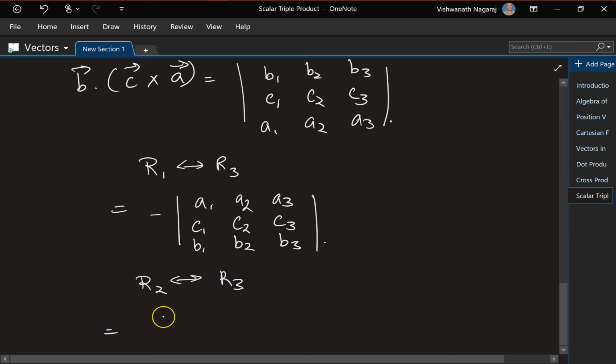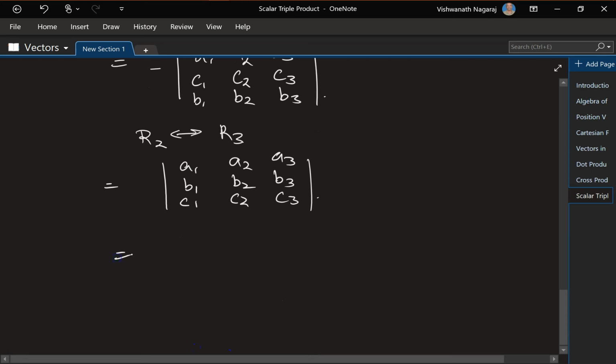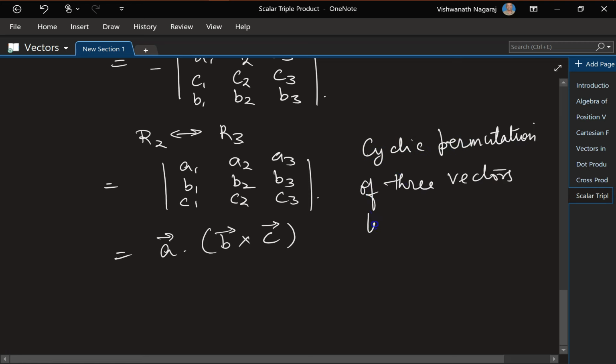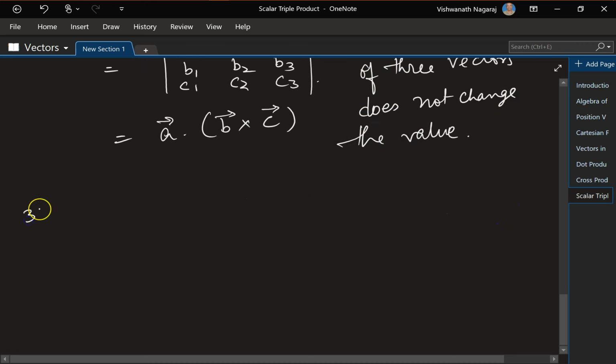We get again minus of minus is plus. So this becomes A1, A2, A3, B1, B2, B3, and C1, C2, C3, which is nothing but A dot B cross C. So what this basically means is that the cyclic permutation of three vectors does not change the value. Okay, let's look at the third aspect.